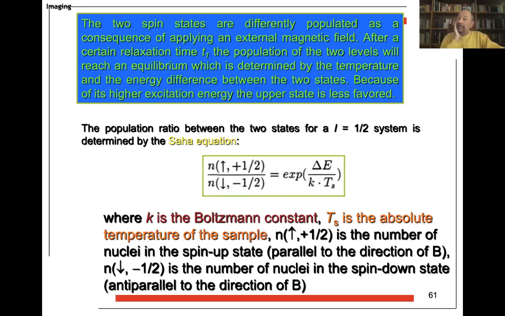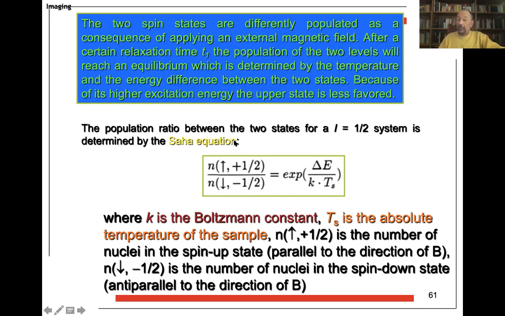So the two spin states are differently populated as a consequence of applying an external magnetic field. After a certain relaxation time, the population of the two levels will reach an equilibrium, which is determined by the temperature and the energy difference between the two states. Because of the higher excitation energy, the upper state is less favored.